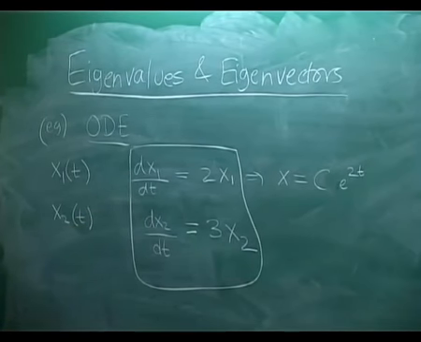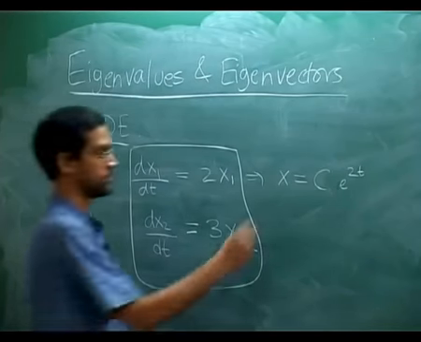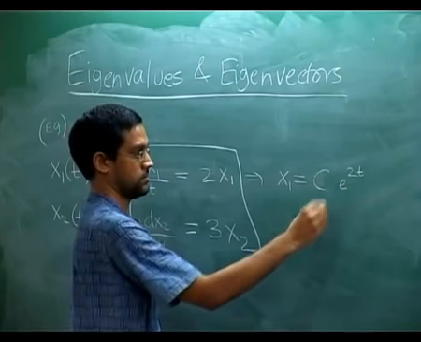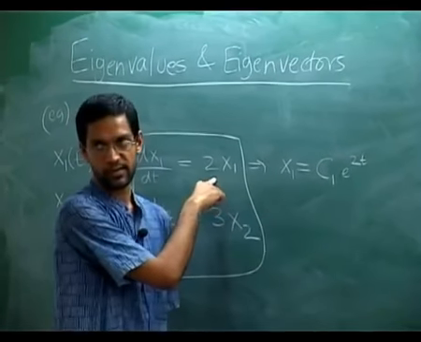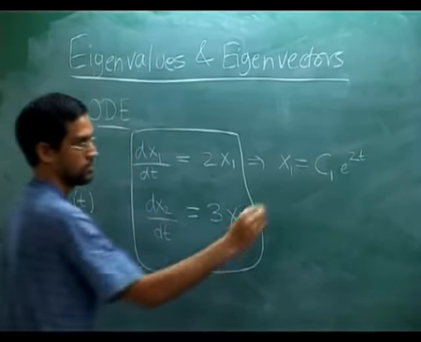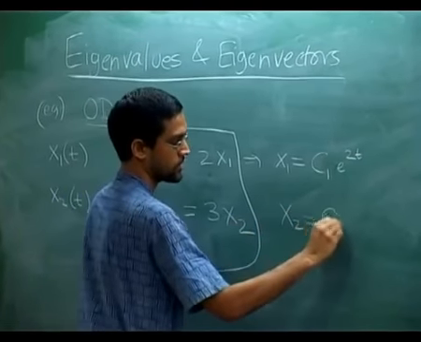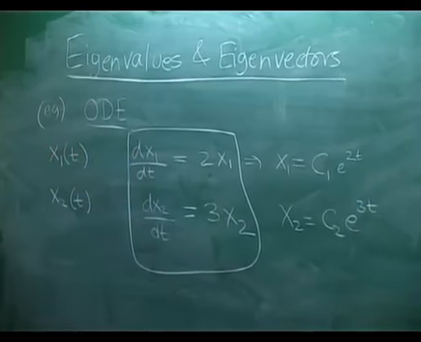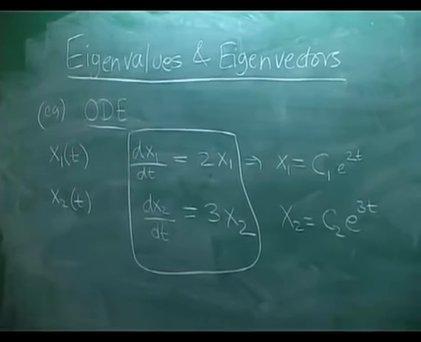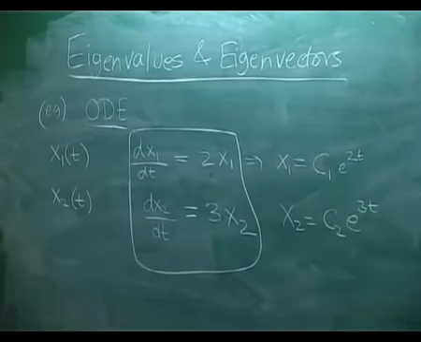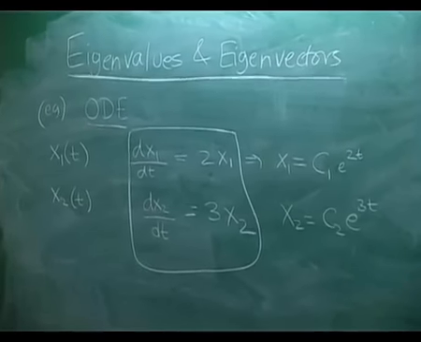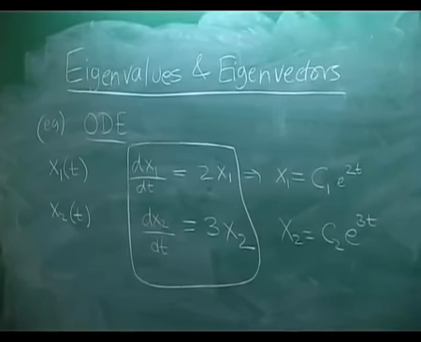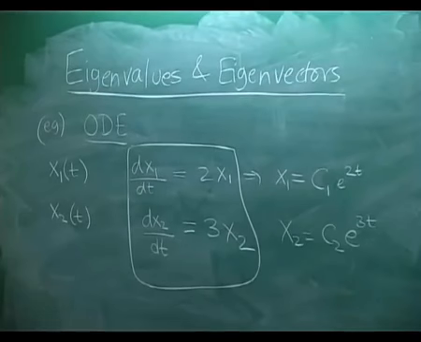So what is the solution to this system of equations? What is x1? Some constant times e to the 2t. x2 is some other constant times e to the 3t, right? So even though it is really a system of equations, we are just solving it by treating each equation separately.